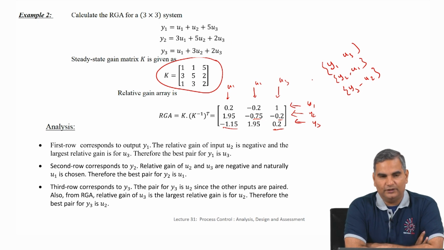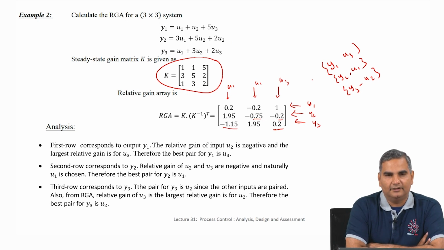So, with this we have completed the traditional multivariable or traditional advanced control ideas that we use. In the next lecture, we are going to start really looking at optimization based controllers, which is the most modern controller that is used.